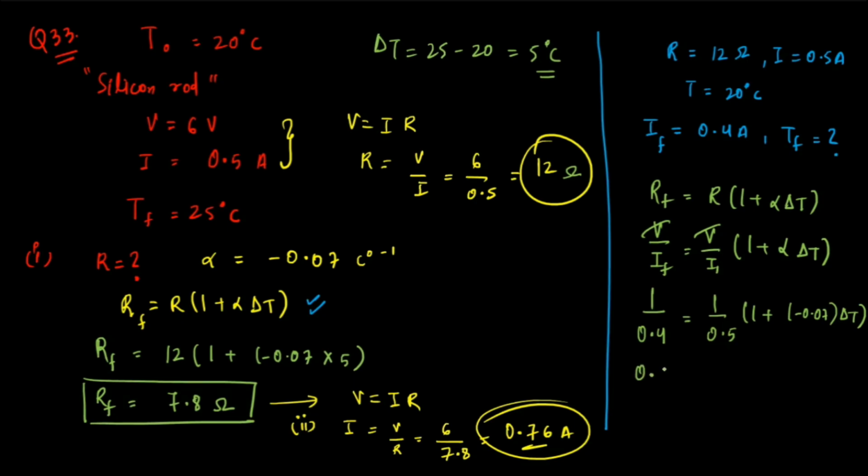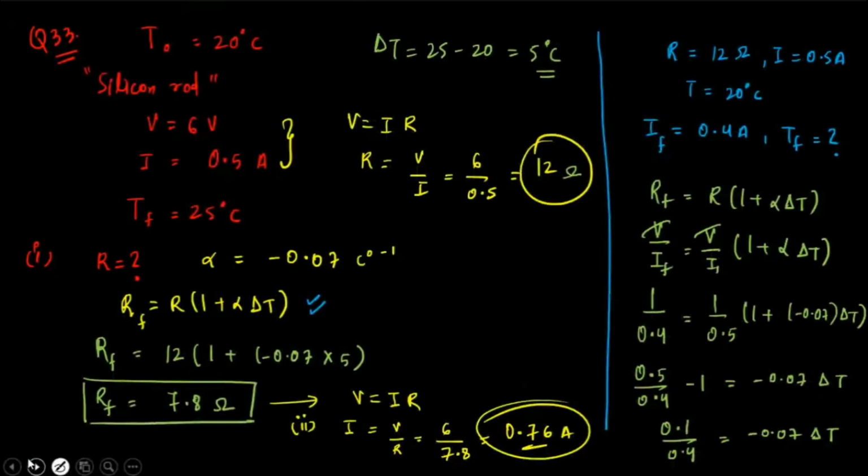So 0.5 over 0.4 minus 1 is equal to negative 0.07 times delta T. Once we solve this, we'll get 0.1 over 0.4 equal to negative 0.07 times delta T.